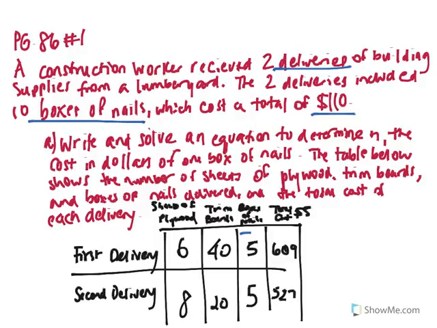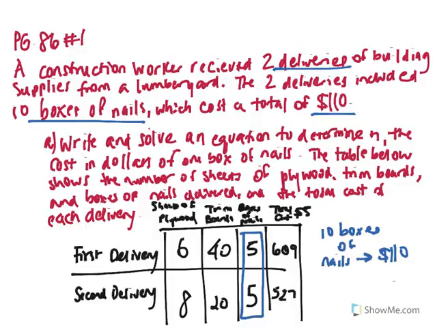These are nails right here. The 2 deliveries totaled 10 boxes of nails. Okay, yep, 5 and 5, got it. So 10 boxes of nails is $110.